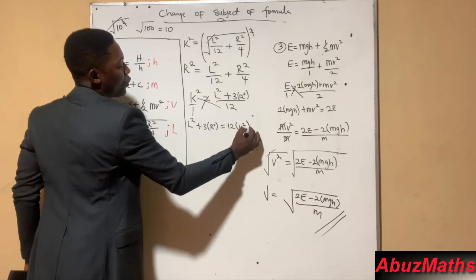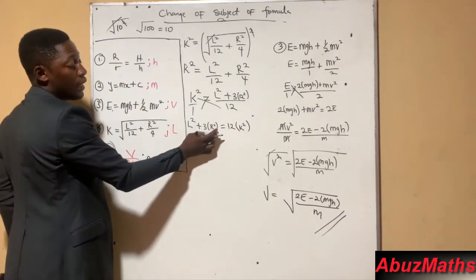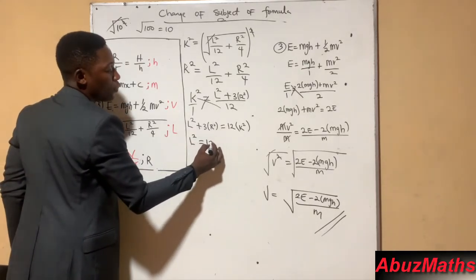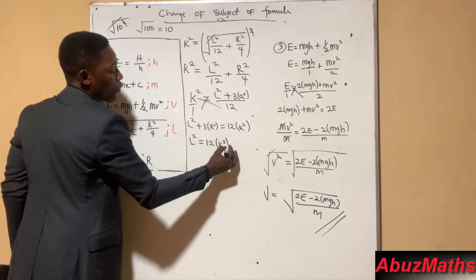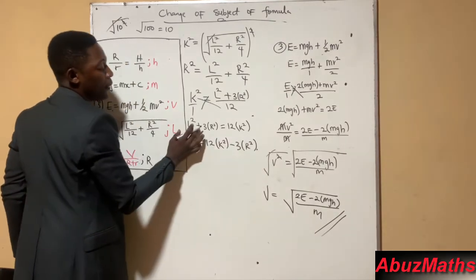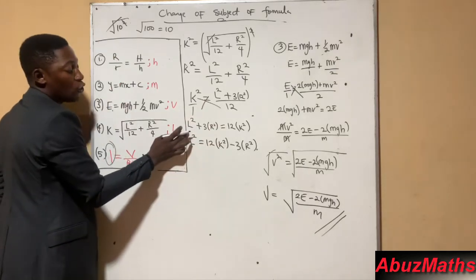If I do this, I have L squared plus 3R squared equal to 12k squared. Now I can do the inverse of plus 3R squared. So L squared becomes 12k squared minus 3R squared. Remember, when the plus crosses, it becomes minus. Now, I have a square here.